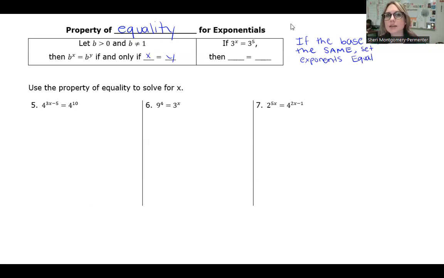So this is like a little example right here. Are the bases the same? Yeah, they're both 3. So if the bases are the same, here's what happens. We're left with just the exponent. That's it.